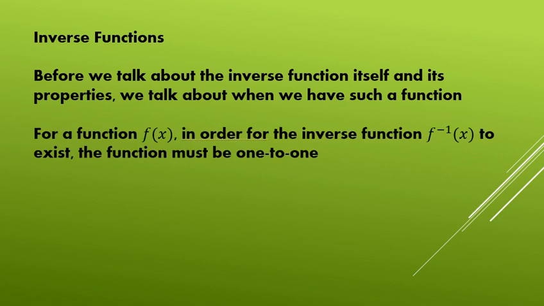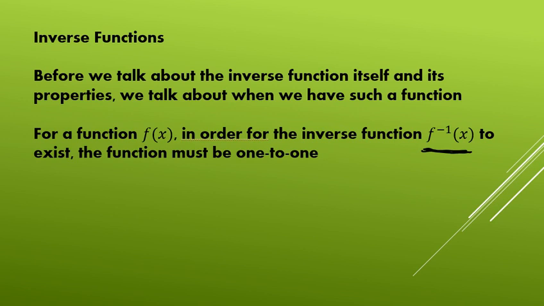So for a function f of x, in order for the inverse function to exist, and note the notation that we use here for the inverse, we use f and then seemingly the exponent of -1 and then of x, the function must be 1 to 1. This is the notation for the inverse function, the inverse of a function f of x.